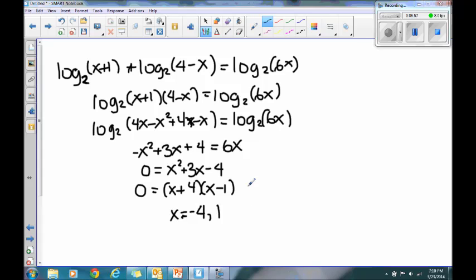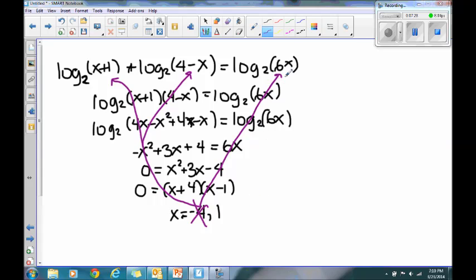Now again, if we take these numbers and plug them back in to where we started, to those expressions, any place there's an x, we have to check and make sure those expressions are positive. Okay, 6 times negative 4, not positive. Now 4 minus a negative 4 is okay, but I get a negative 3 here, or a negative 24 over there, which means negative 4 is not a solution to my equation.